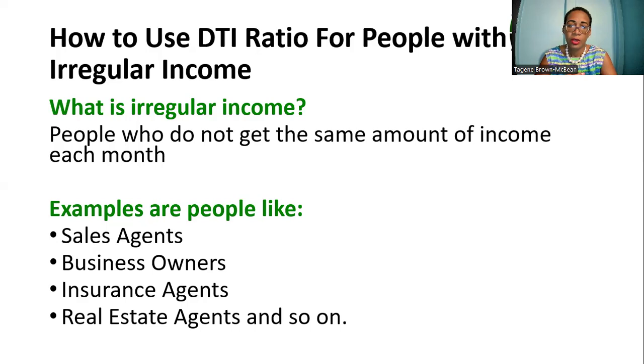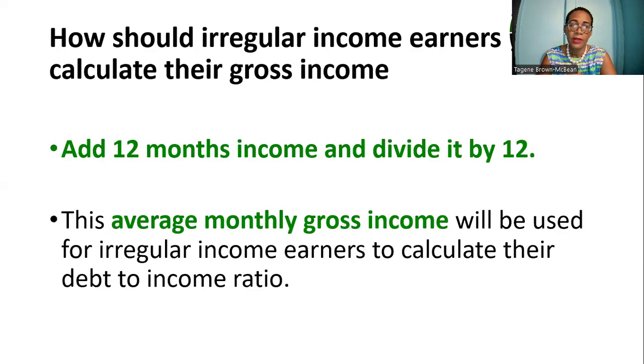All right. So here's what people like you are going to do, right? So how should irregular income earners calculate their gross income? So what you're gonna do, people, you're gonna add 12 months of your income and divide it by 12, right?